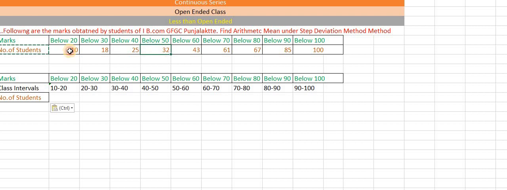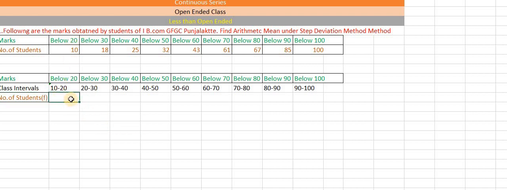This 32 includes 10, 18 and 25. 43 includes all these things, and like that this 100 includes all these things. For that reason, we need to calculate the number of students, or frequency, for each individual class interval separately.